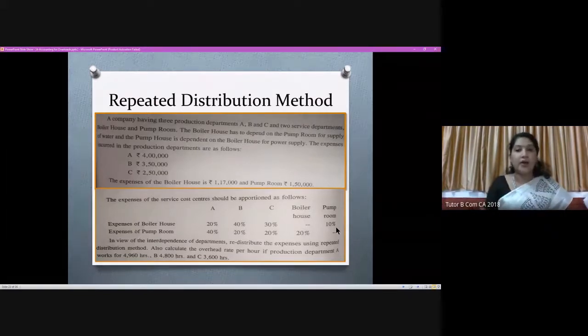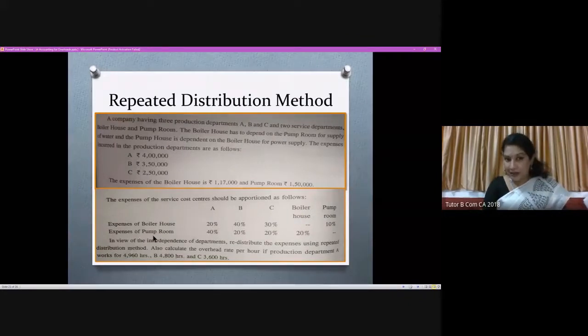Now, what about pump house service department expenses? Again, in our question, we can see that the expenses of pump room are to be distributed as 40% to department A, 20% to department B, 20% to department C, as well as 20% to boiler house, which is a service department.